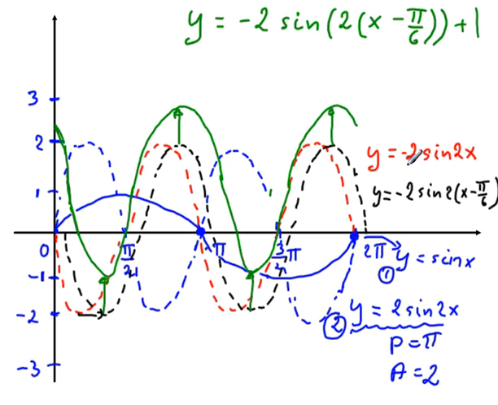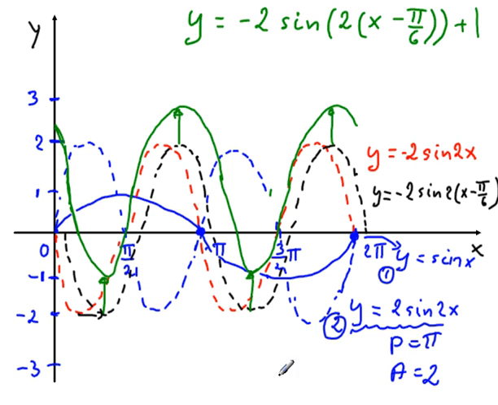Then negative coefficient, if you recall, causes the entire graph to be reflected in x-axis. So that blue dotted curve now is going to be flipped, the mirror image in the x-axis. Well, this is the x-axis. This is the y-axis here.